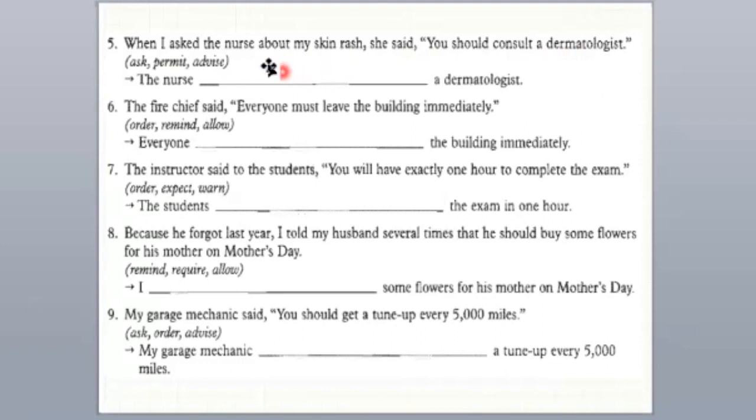So because we have a piece of advice, we use the verb advise. The nurse advised who? When I asked the nurse about my skin, advised me, okay? So the nurse advised me to consult a dermatologist. Dermatologist is the doctor of skin, okay? Doctor of skin. Good.